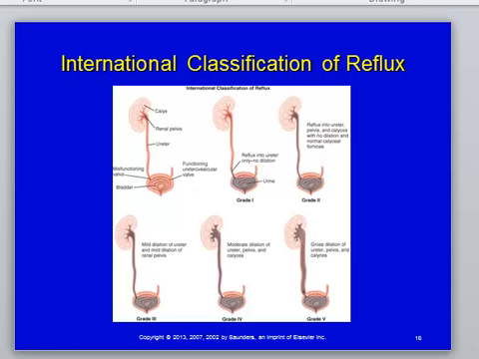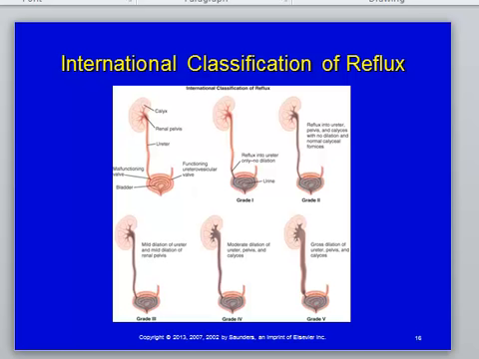It shows you the normal on the very far left top, and it shows you the mouth. There is a valve from the ureter into the bladder. And then grade 1, you'll see there's reflux up into the ureter only, and there's no dilation.